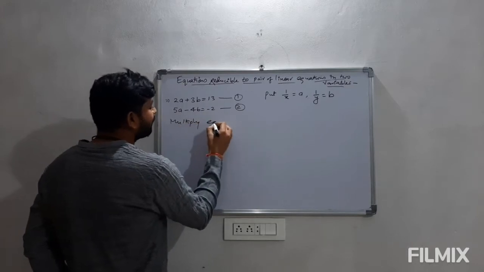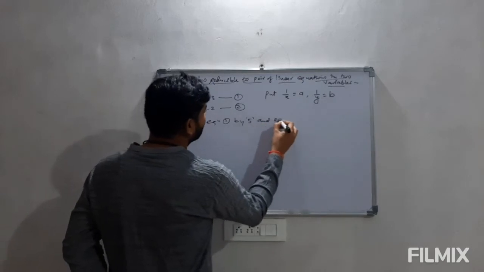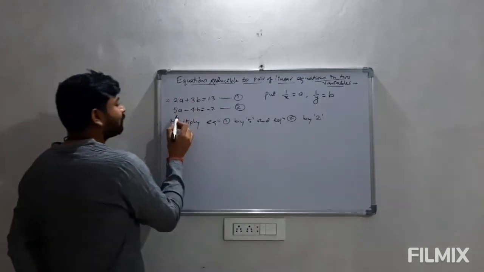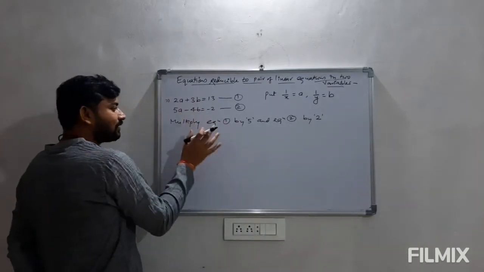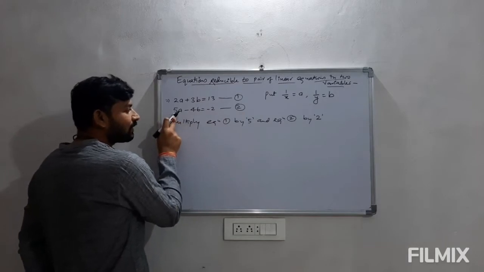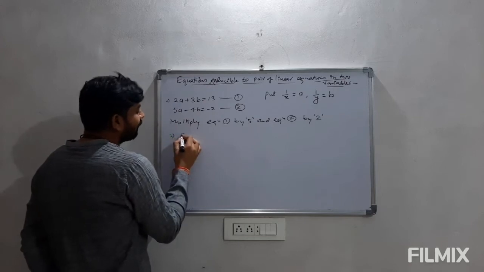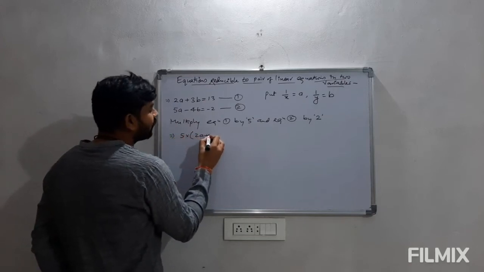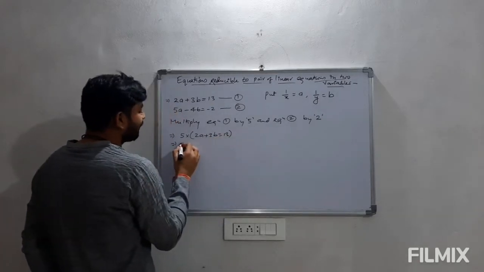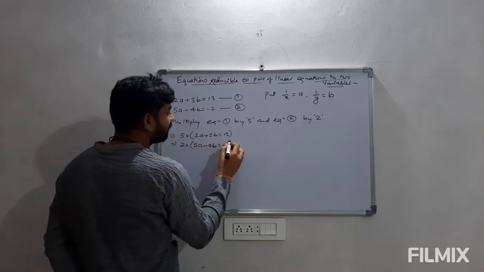If I multiply equation 1 by 5 and equation 2 by 2, because the coefficient of a in equation 1 is 2 and in equation 2 it is 5, so I multiplied them this way. So we will get 5 into 2a plus 3b is equal to 13, and in the second equation we multiply by 2, so 5a minus 4b is equal to minus 2.